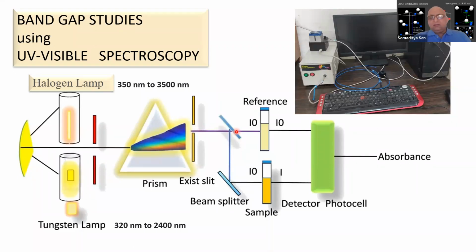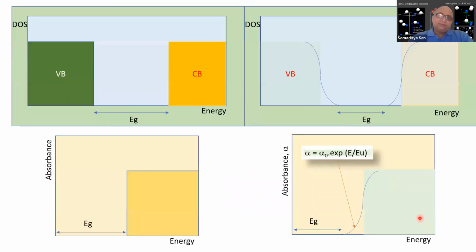Then we pass it through a reference sample and the detector and the sample itself. Then we have a ratio of I0 and I, and we get the absorption with respect to the clean, no sample. Okay, so this is how we can get absorption.